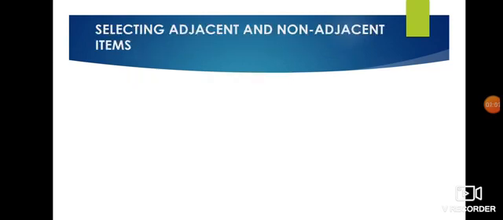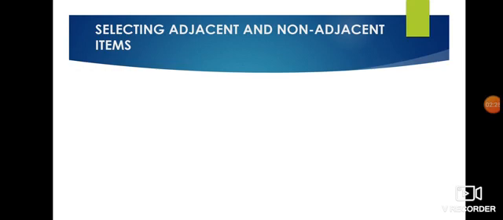Next is selecting adjacent and non-adjacent items. What are adjacent and non-adjacent items? Suppose I want to select photos. In my computer there is one folder called Pictures, and in that folder I have 100 photos.